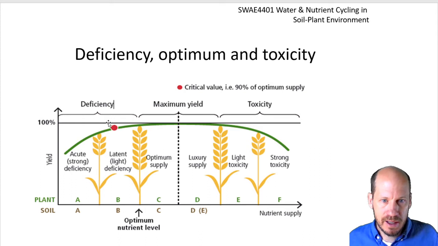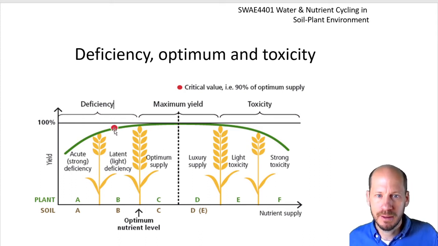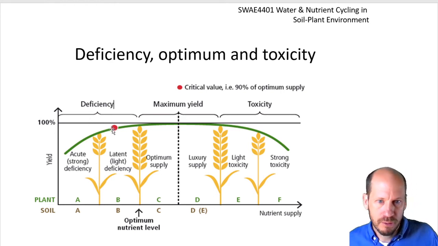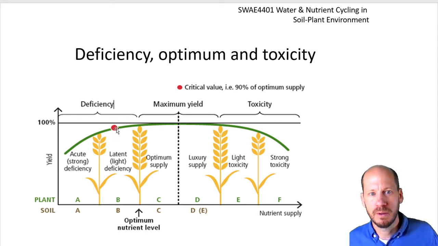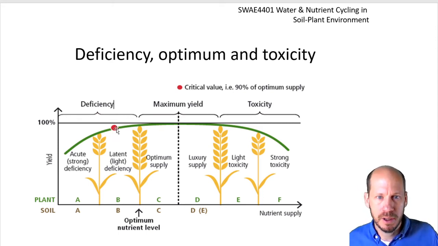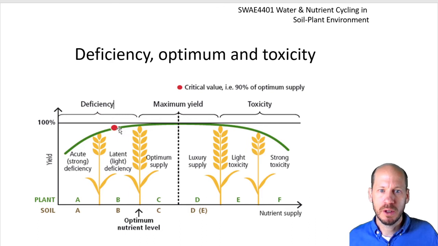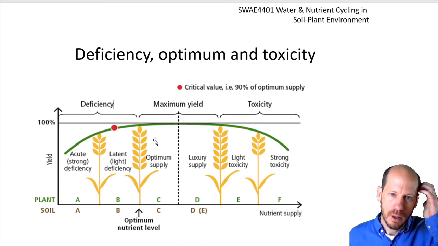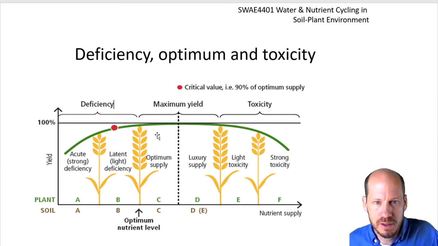At 95% is normally where we define the concentration of nutrient that satisfies 95% of the possibility of the maximum plant yields. This is where we draw the line where we have deficiency and sufficiency. Yeah.